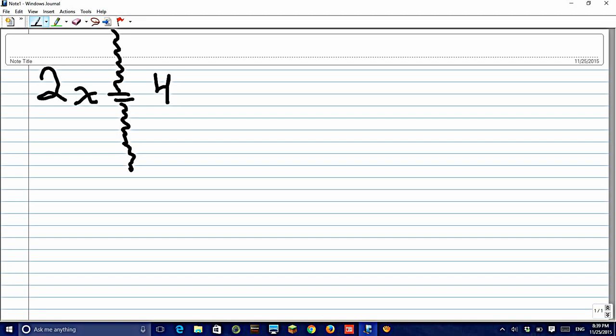Now, in order to solve this equation, or any equation that you have really, you're gonna have to make the most possible terms disappear from one side of the equation.